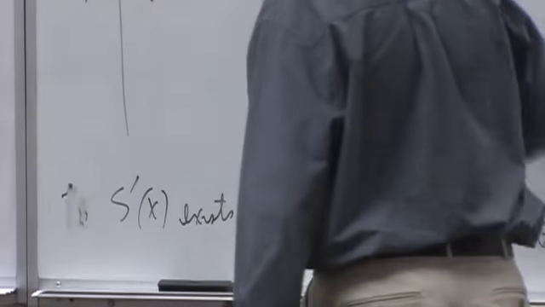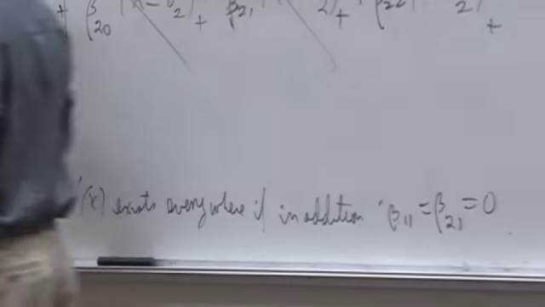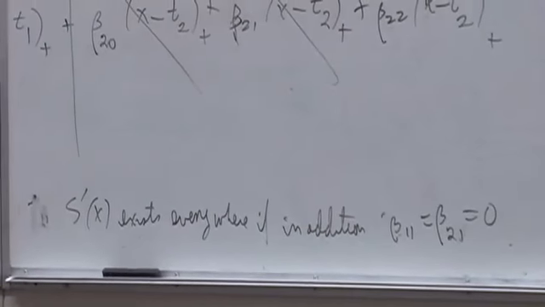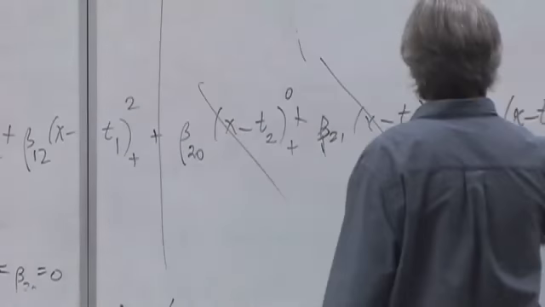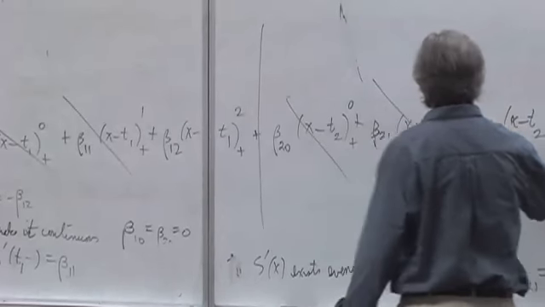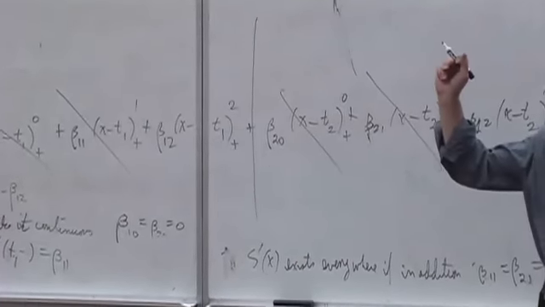So what does that leave you? If we did that, you've got this gone, this gone, this gone, and you have beta 22 is minus beta 12. So that's the end. And actually that's the first example I showed you when we had the Maple screen up there.